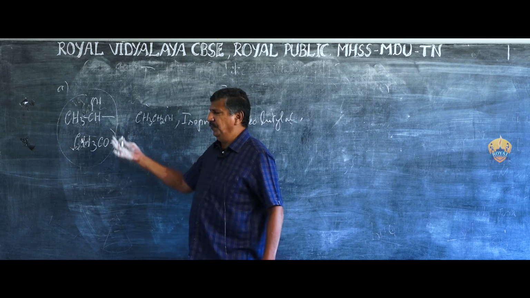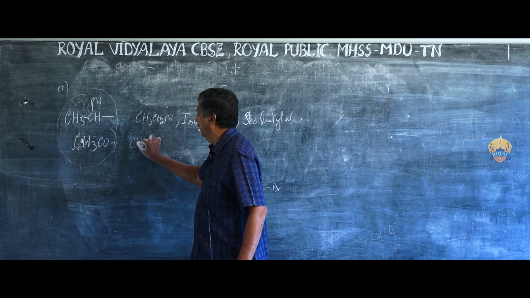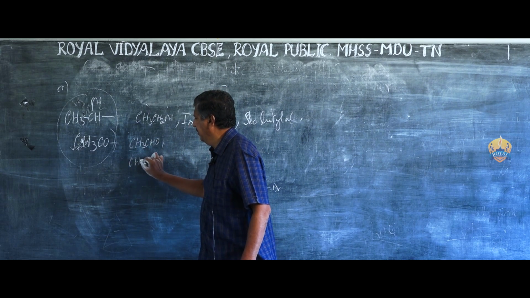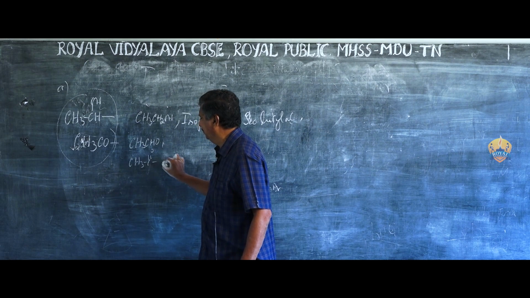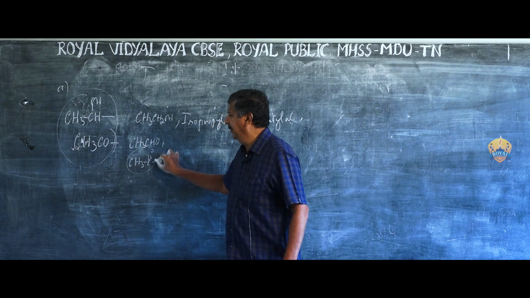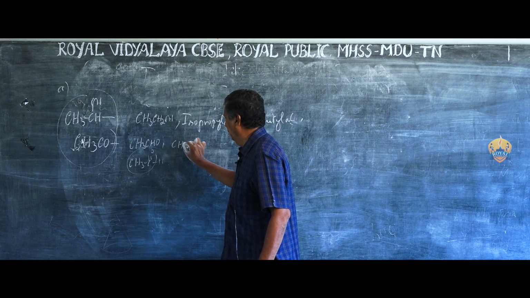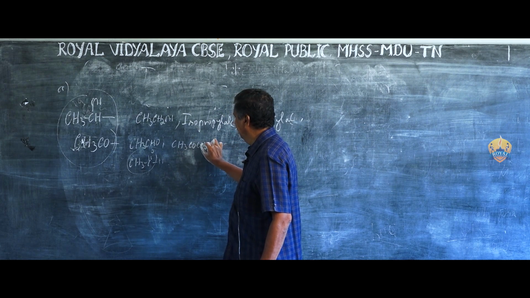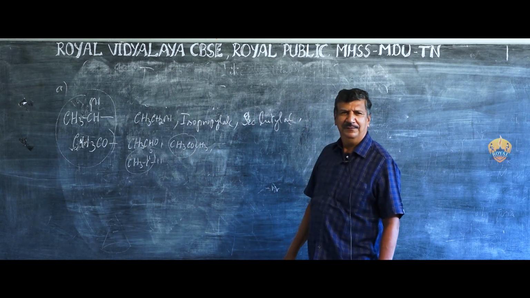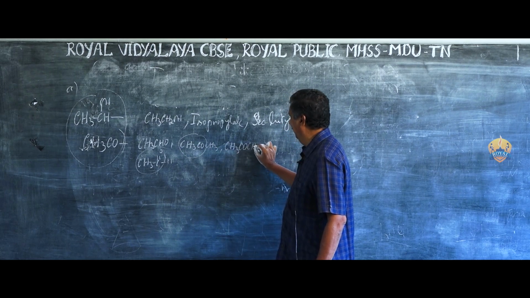Then what are the ketones or aldehydes? See, acetaldehyde, because it looks like this; because of this format, it answers the iodoform test. Then acetone. Then butanone.